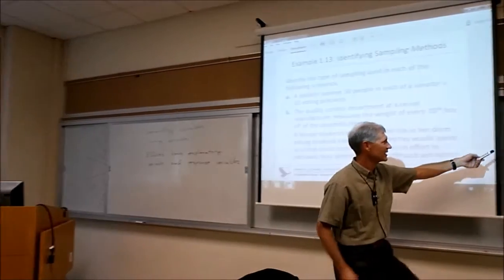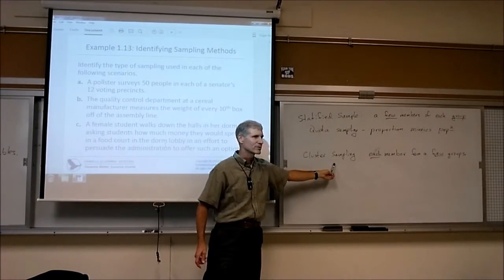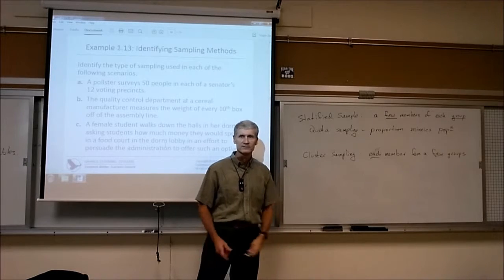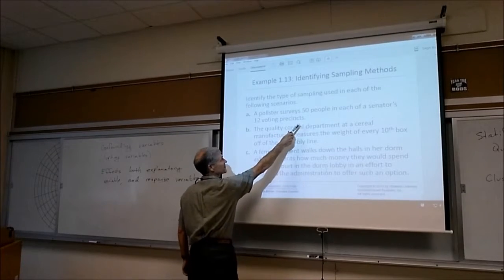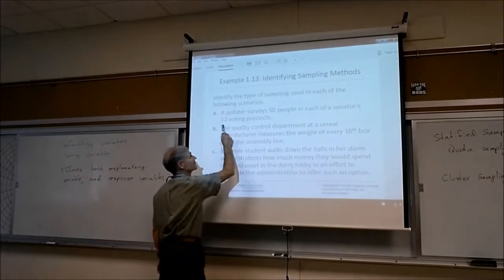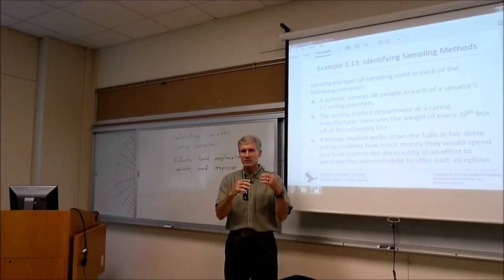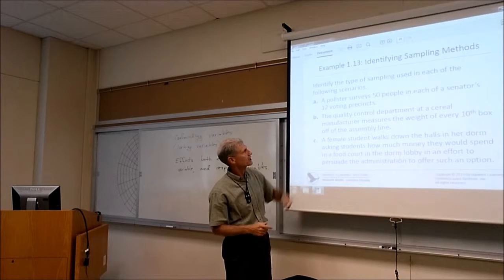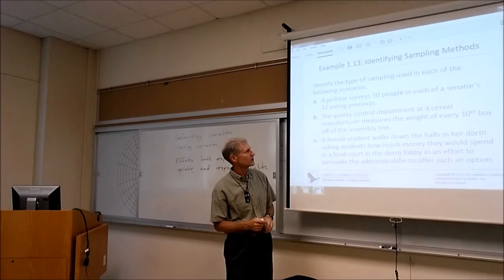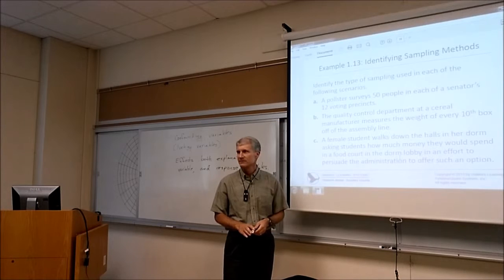Which of these does it meet? A few members of each group, or all the members from just a few of the groups? Pollster surveys 50 people in each of the 12 voting precincts. So the precincts are the strata, and they use a few from each. So that's stratified sample.